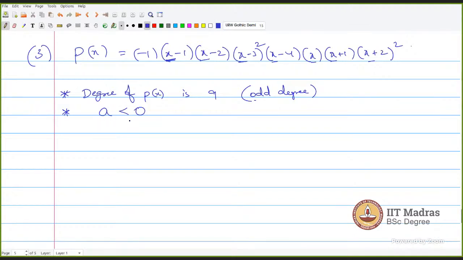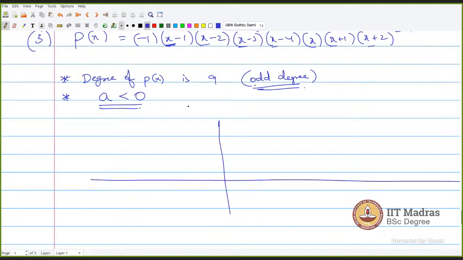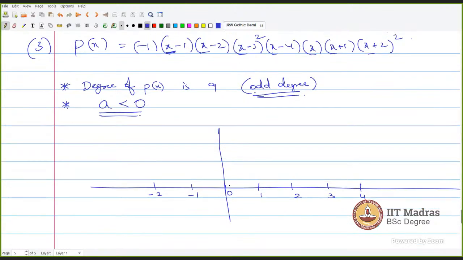Now we have seen when a is less than 0 and the degree is odd, the graph lies in the second and fourth quadrant. So once you have this, directly, you know the roots. Just plot those roots: -2, -1, 0, 1, 2, 3, 4. These are the roots we have.